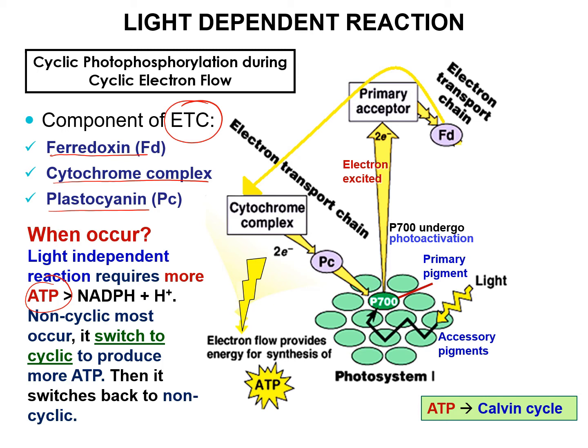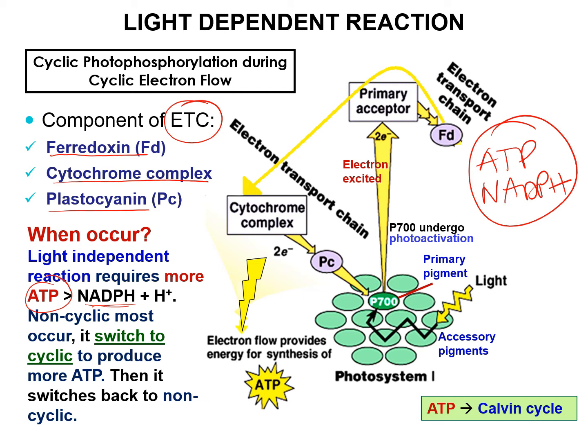When ATP is needed more than NADPH during light-independent reaction, maksud macam ni. The product of light-dependent reaction is ATP and NADPH. So these two substances will be used in the light-independent reaction.